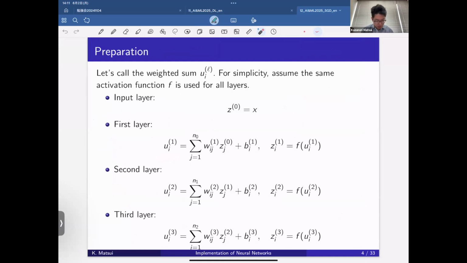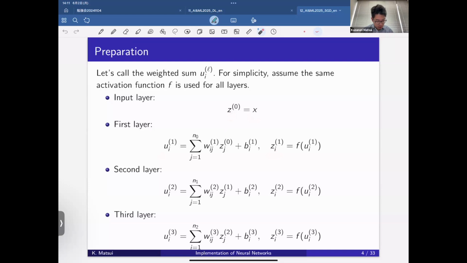In other words, for example, let the input be x, and we call it z0.